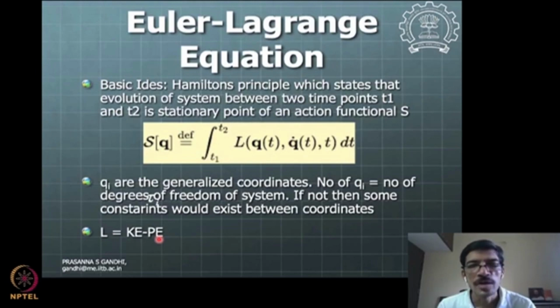So between the two thetas, you will have this functional defined, and what we are interested in is finding the path between these two points of a system along which this functional has a stationary value.